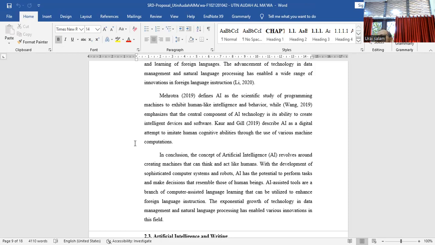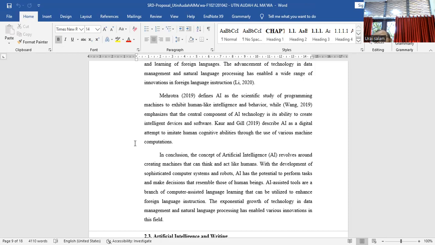So the first generation, in terms of writing, is writing helpers. The first one is grammar checker or spelling checker. So we ask the computer to check our spelling and our grammar errors. And then the development of AI continues to become a higher level.